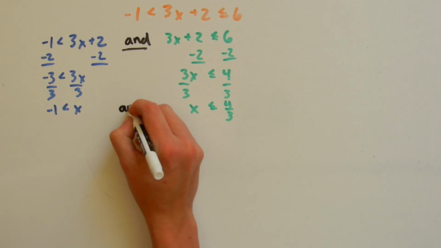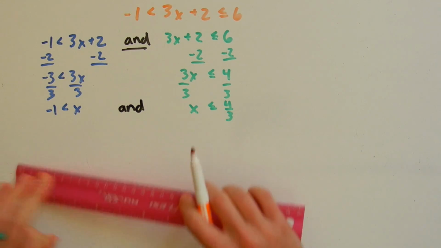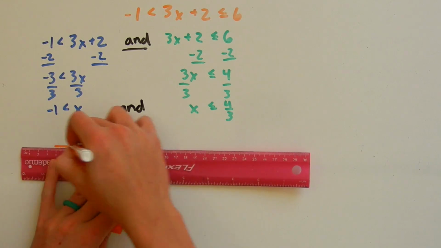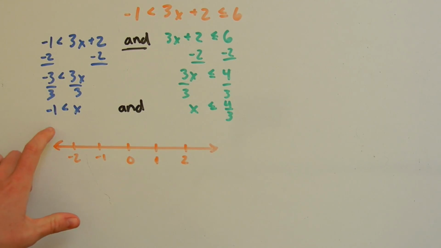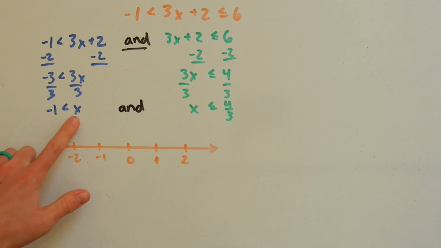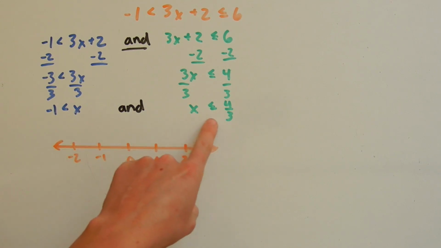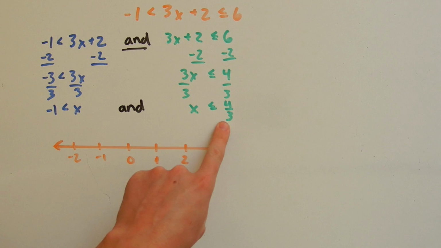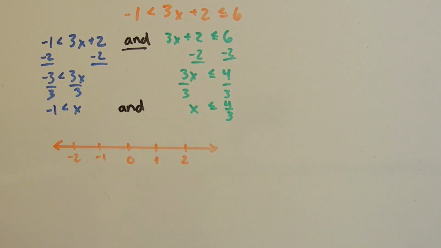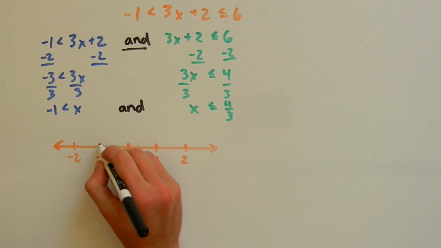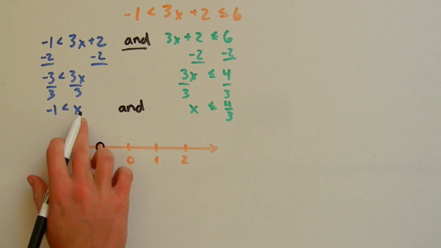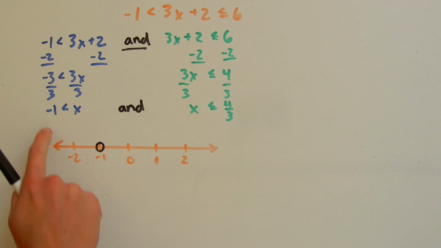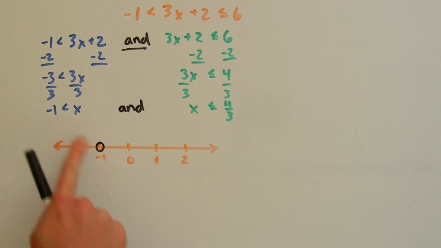But remember, these are compound inequalities joined by and. So when I show you this on the number line, we have that negative 1 is less than x, and x is less than or equal to 4/3. So we know that we're going to circle negative 1 since x is only greater than that. So it's not greater than or equal to. So negative 1 is less than x.